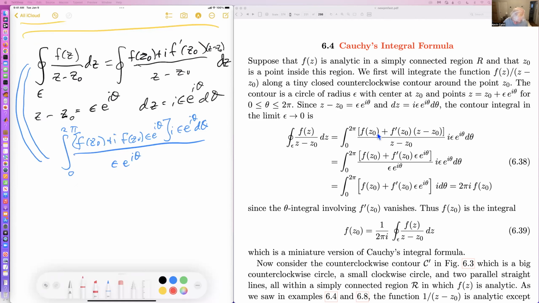And now these things cancel, and we just have a d theta integration. The first term gives us 2 pi i f of z0. On the other hand, the integral from 0 to 2 pi of e to the i theta d theta is just 0, so this term does not contribute.